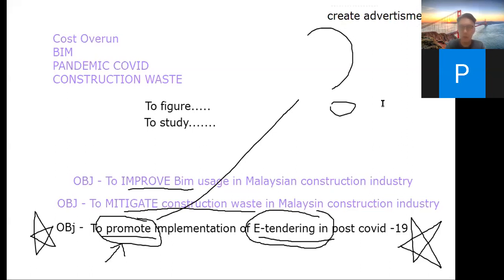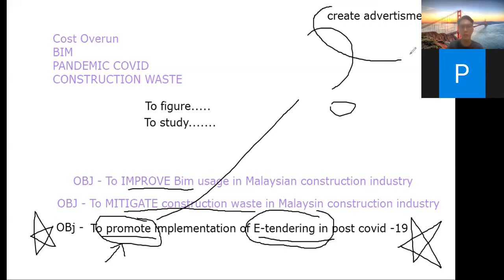Yes, to promote in social media. You are right, because your boss asked you to promote implementation of e-tendering in post-COVID, so you must create advertisement, correct or not? So Jiawen, do you create advertisement in your dissertation?